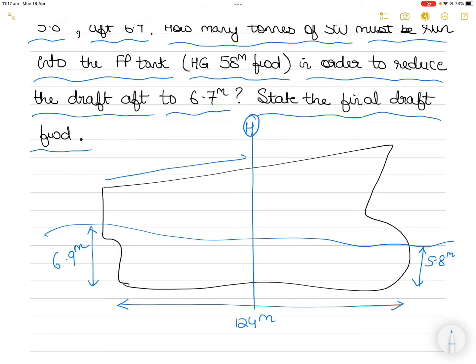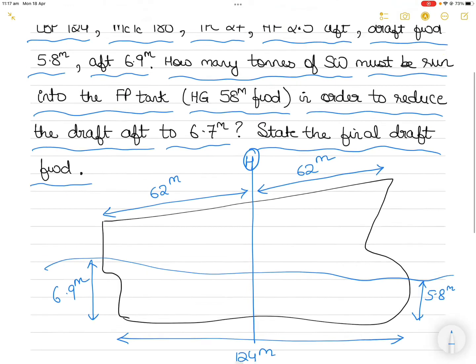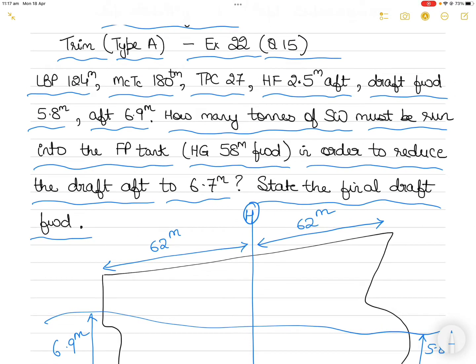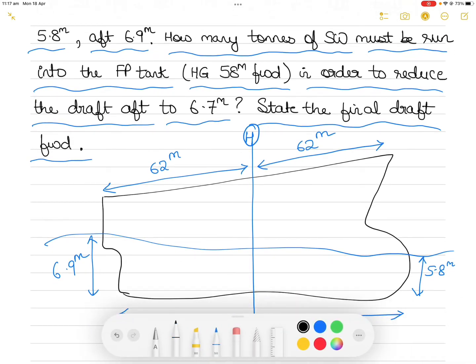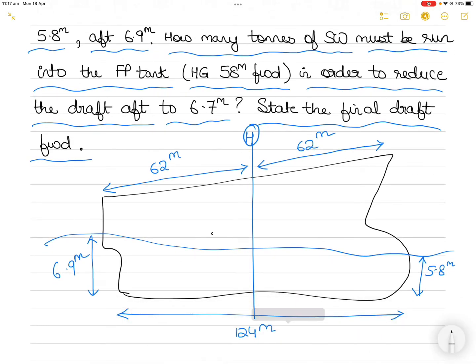From midship to aft will be half of LBP, which is 62 meters. This is 62 meters as well. Right? What else is given? HF is 2.5 meters aft, so the center of flotation is 2.5 meters aft of midship.